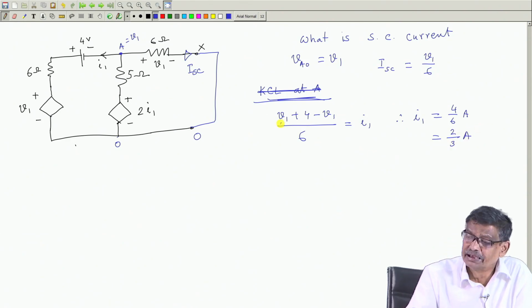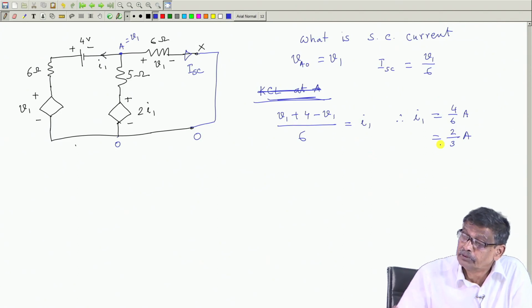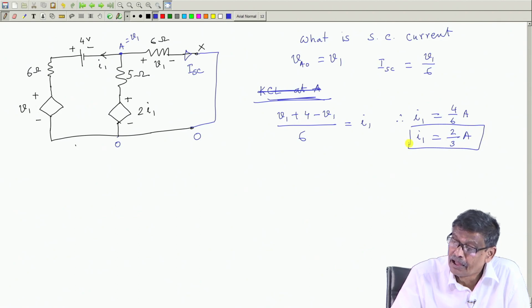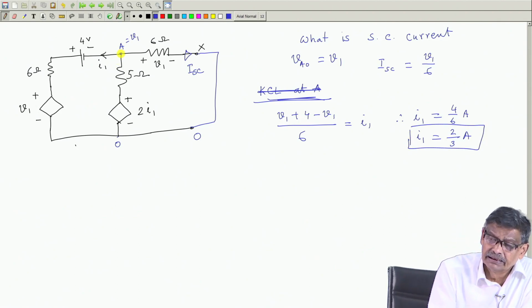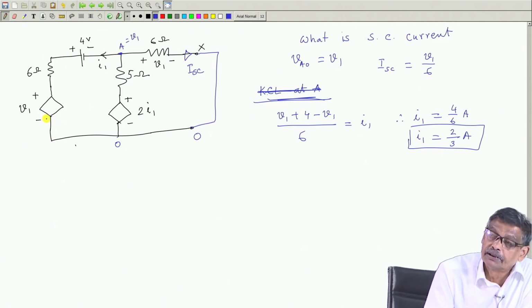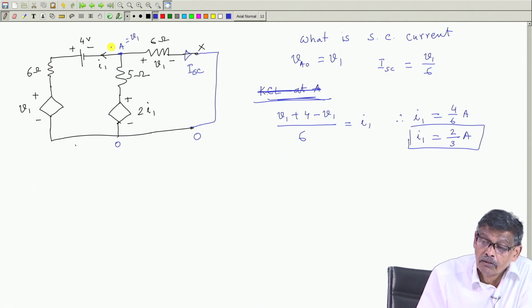I1 immediately can be found out. For this I did not apply KCL, just this branch current in terms of the voltage across this branch, V1 plus 4 minus V1 with the polarity. So, I1 is known.